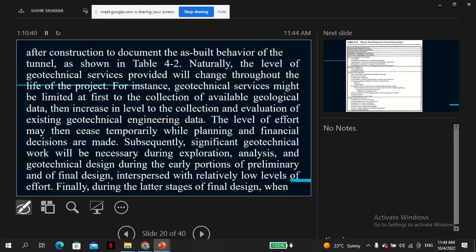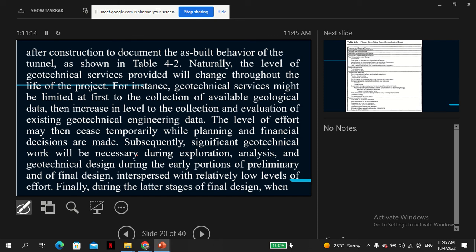Then once you mobilize, you need to do a drilling plan. You need to do adits. You need to do what are called exploration pits. When you then go on site, active geotechnical work increases significantly, because you need to collect data, do the borehole logging, and then once you get the data, it's taken to the laboratory.